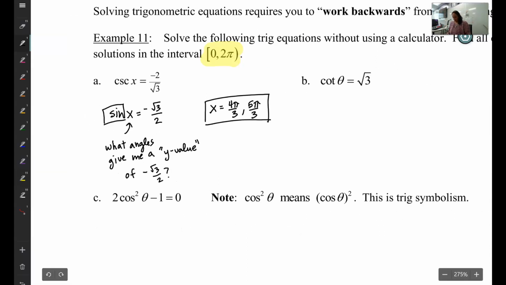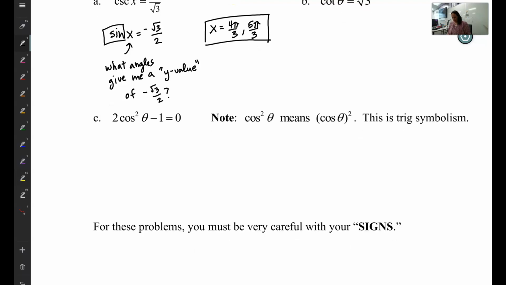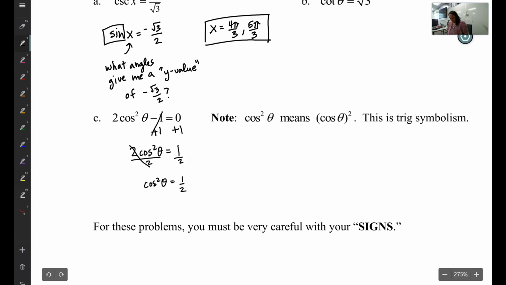Okay, I'm going to skip ahead to C really quickly. Add 1. I have 2 cosine squared of theta equals 1. Divide by 2. I get cosine squared of theta equals 1/2. Note this right here, cosine squared of theta means cosine of theta, squared. So I'm going to square root both sides.